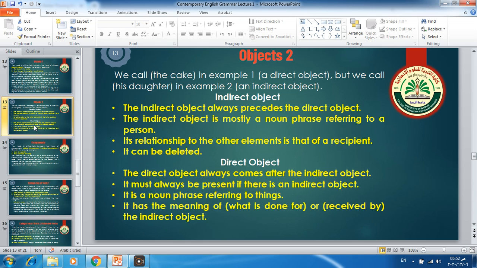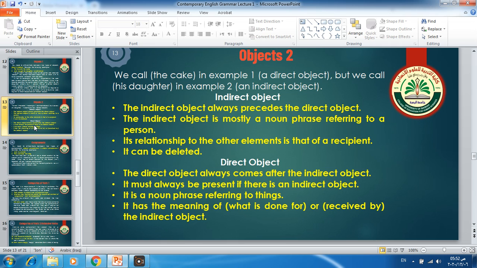It has the meaning of what is done for or received by the indirect object. So the direct object in the first example, the cake, what does it mean? The thing that undergoes the action of the verb that is performed by the subject.